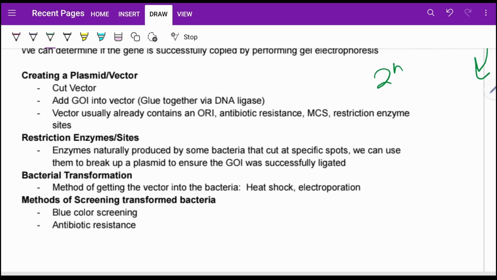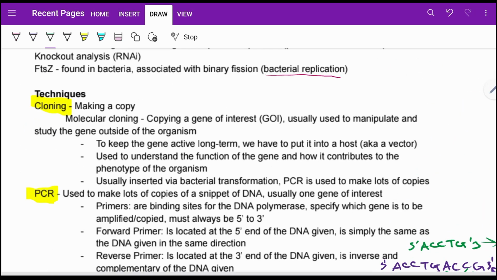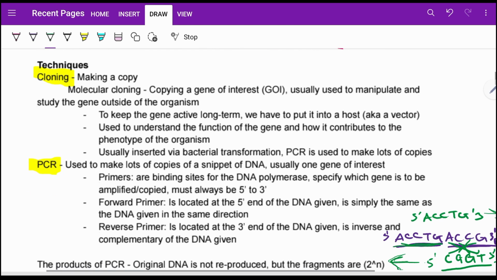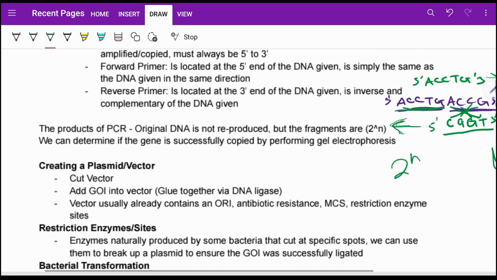Another thing that's really important to biotechnology are plasmids, also called vectors. Basically, we can use these to insert different genes into bacteria, as one step of cloning, as said above. So this is one tool that we use in the process of cloning.